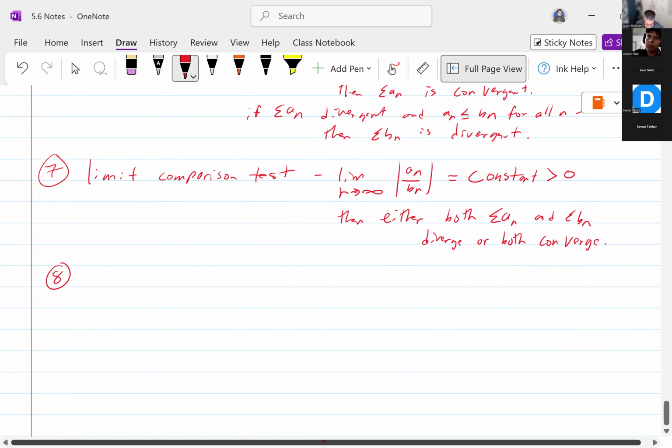Okay, number 8 is the alternating series test.